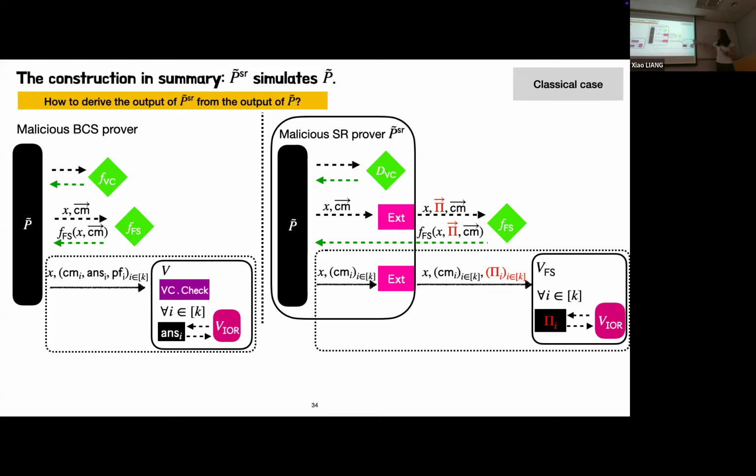Is that good? Nothing. Yeah. Now, what's the main thing you want to convey? The main thing is that our goal is to connect the BCS soundness with the state restoration soundness. We're just talking about the construction. Yes.